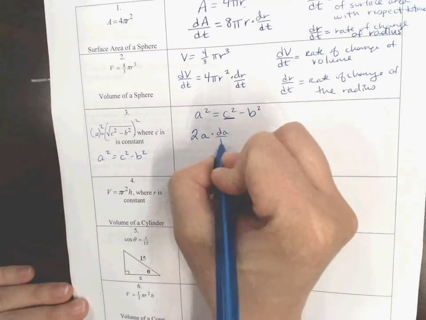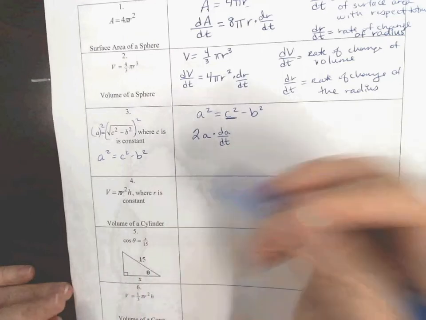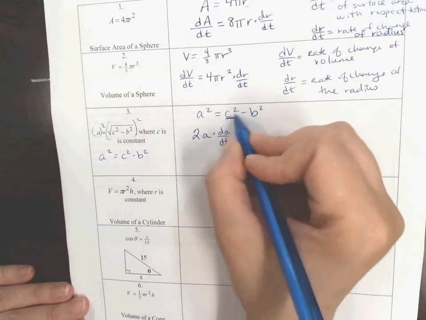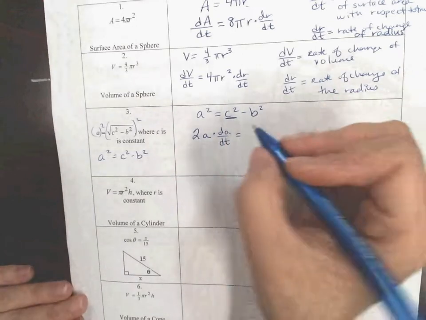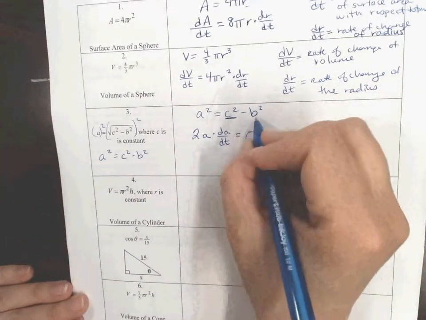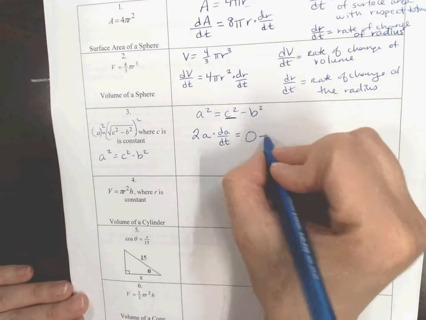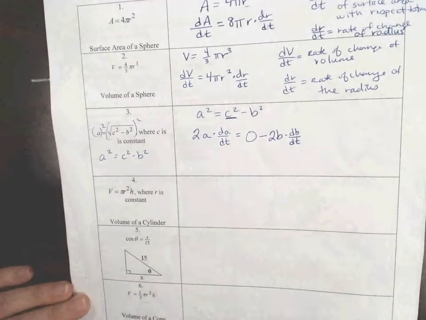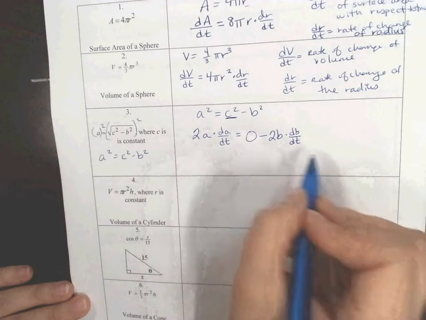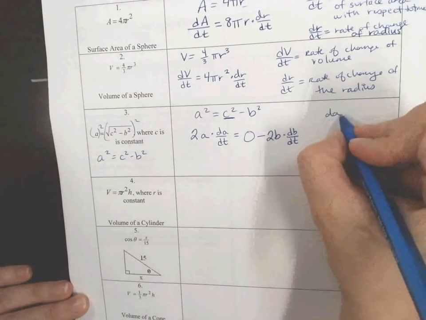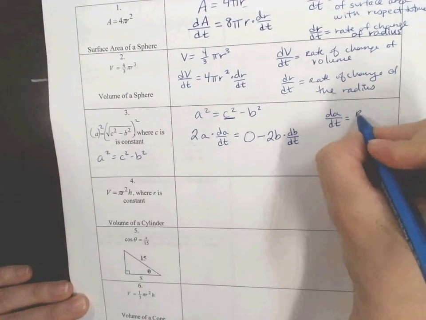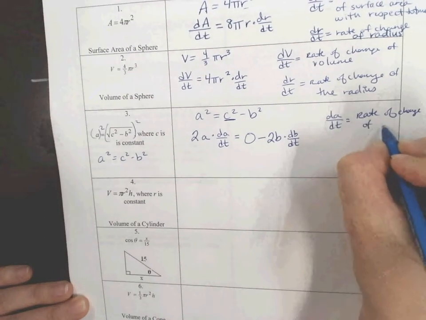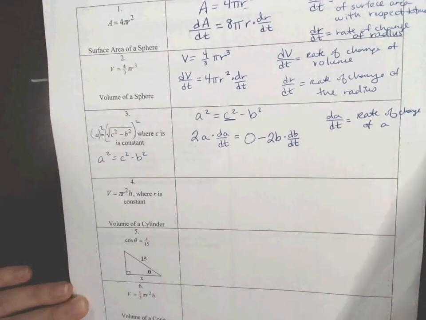And in related rates, we never really have a t, so dA dt is equal to the derivative of c squared. Well, c is a constant, so the derivative of any constant is 0. And the derivative of negative b squared is negative 2b times dB dt. All right, so there's my derivative, and dA dt is the rate of change of A. And dB dt is the rate of change of B.